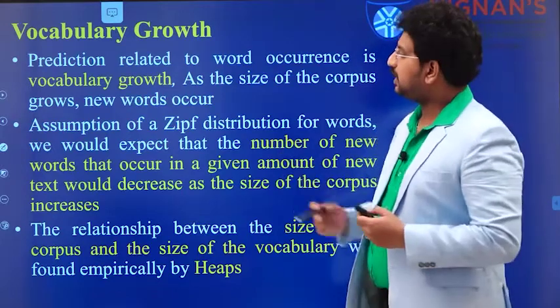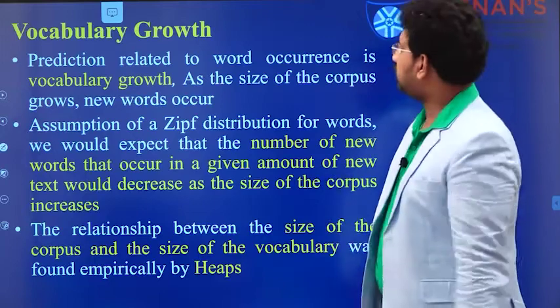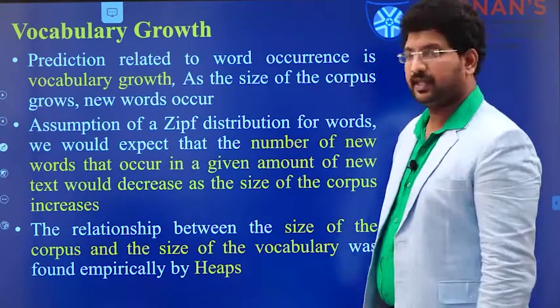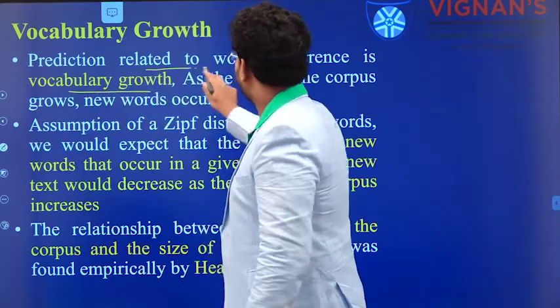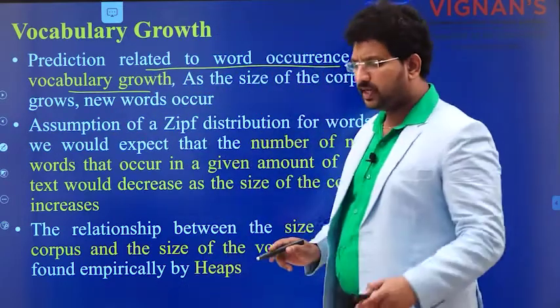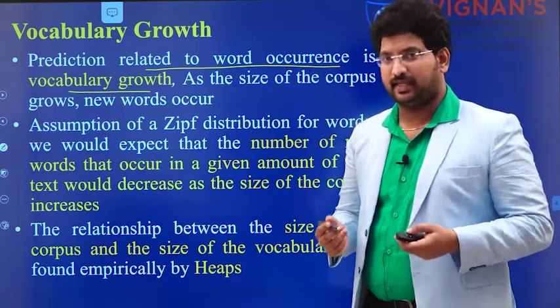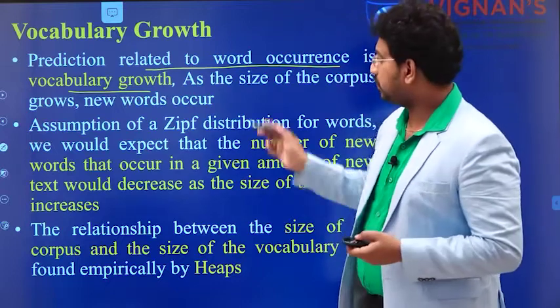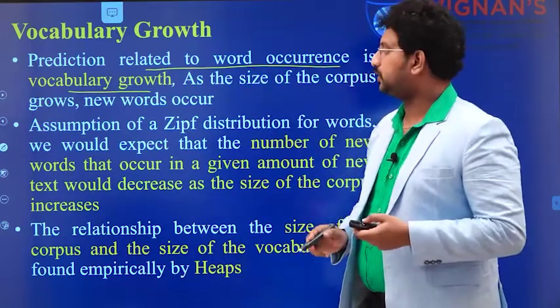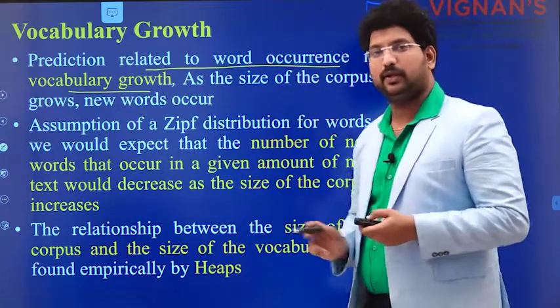We try to understand here what vocabulary growth is. A prediction related to word occurrence is vocabulary growth. So here we are going to make a prediction about word occurrences, which gives the information about vocabulary growth.